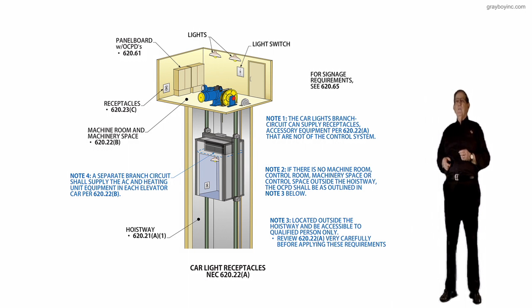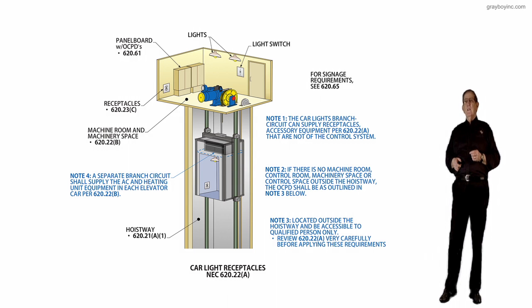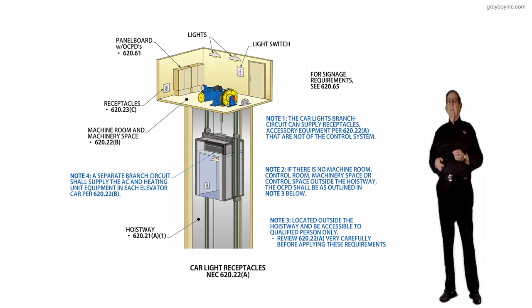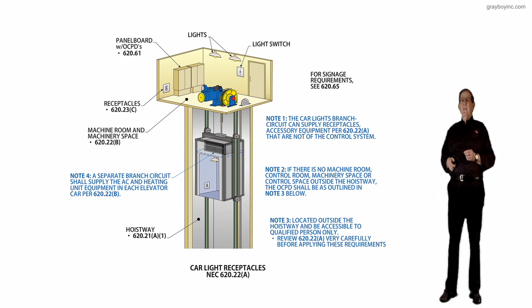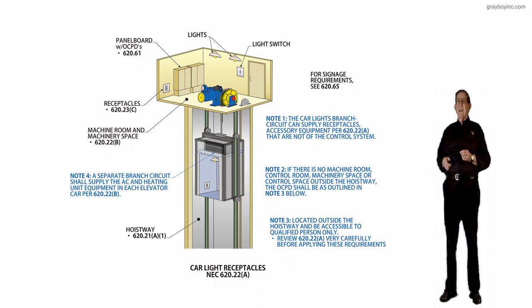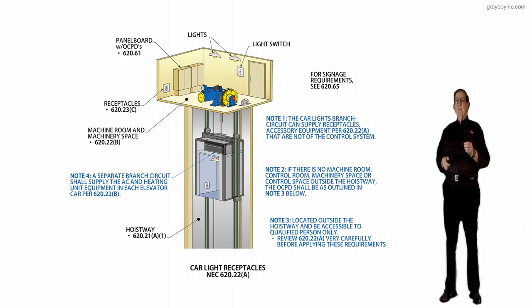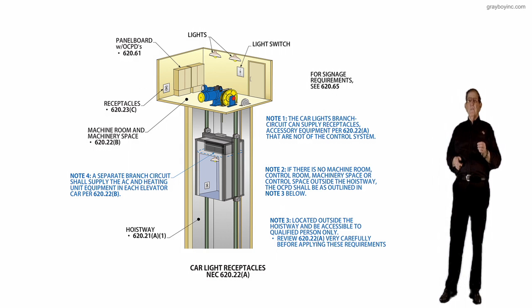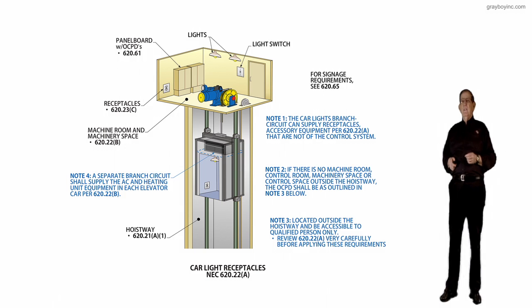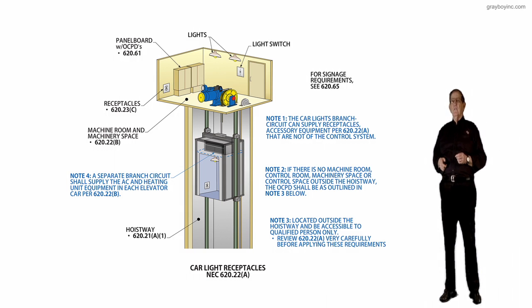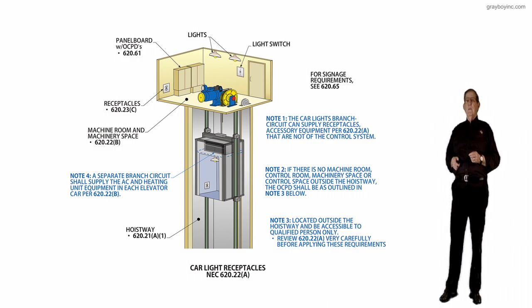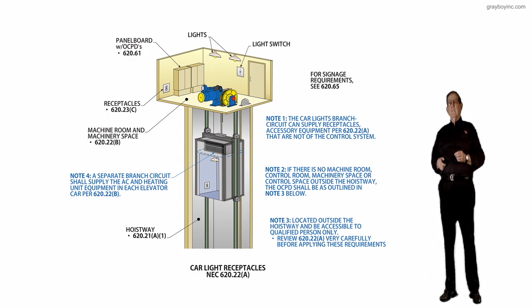In part 2, if there is no machine room, control room, machinery space, or control space outside the hoistway, the overcurrent protection shall be as outlined in note 3 below. So we drop down to note 3, and it says located outside the hoistway and be accessible to qualified persons only. And then review 620.22(A) very carefully before applying these requirements.